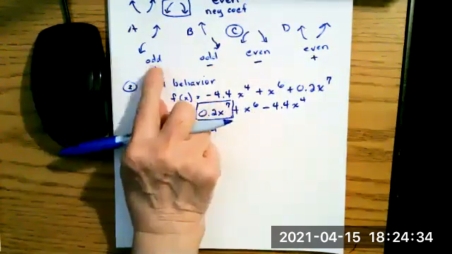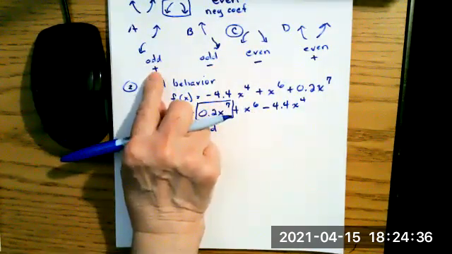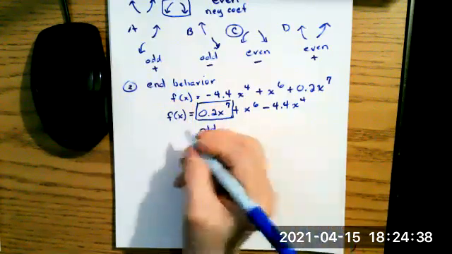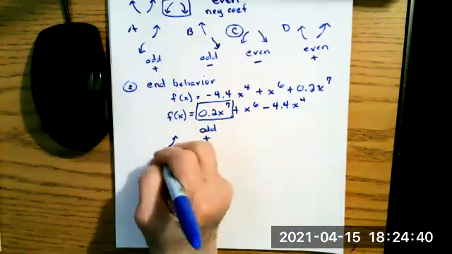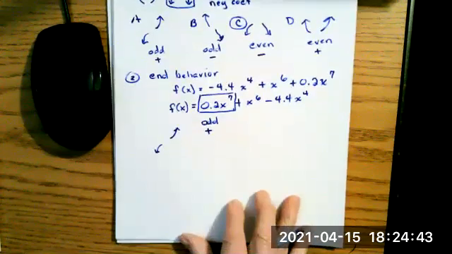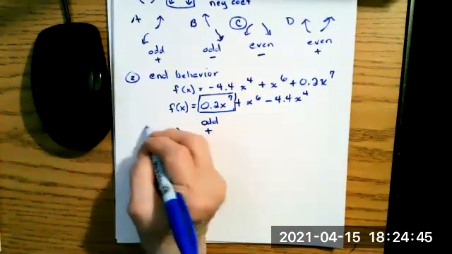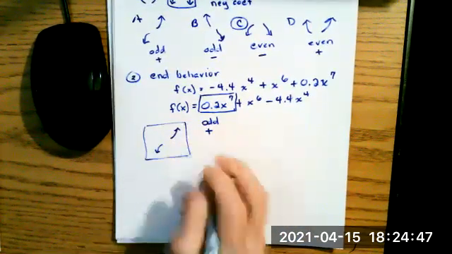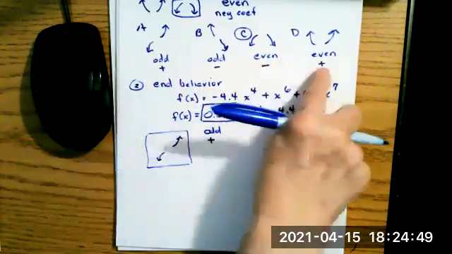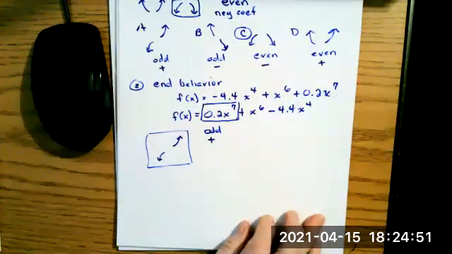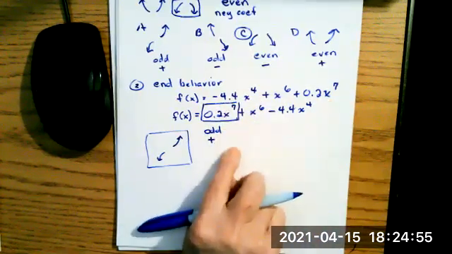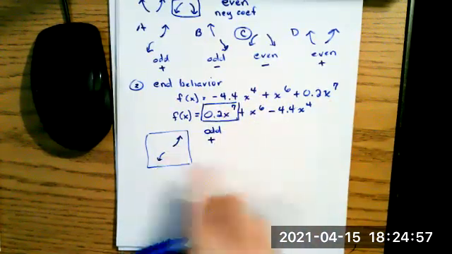So I'm looking for the one that's odd and positive. So the ending should look like this and this. Again, they'll have 4 choices just like this, and you have to pick the one that it would be. And again, you can put it in your calculator and it'll show you the ends look like that.